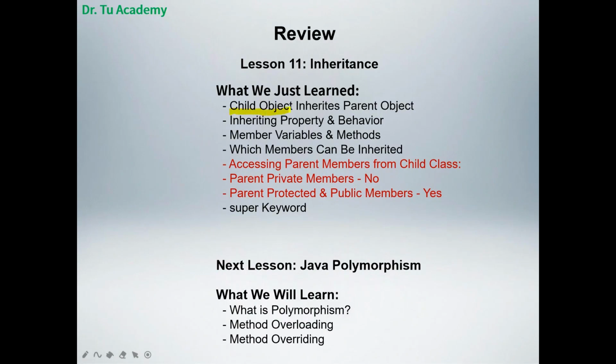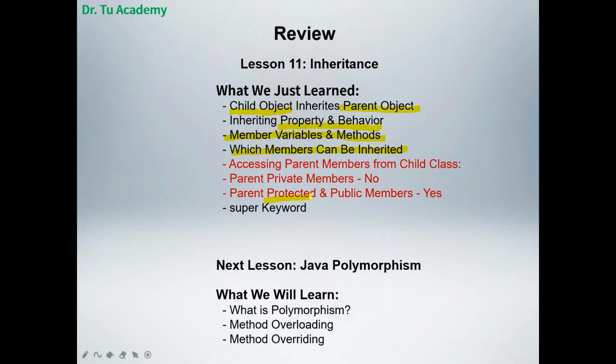Inheritance is one of the 4 most important features in OO programming. A child object inherits properties and behavior from its parent object. That is, the member variables and the methods. So which parent members can be inherited?